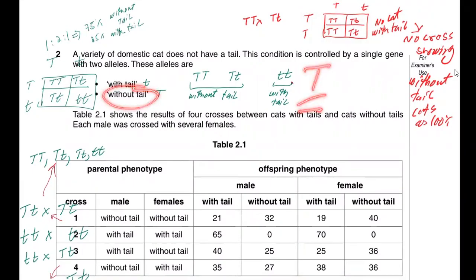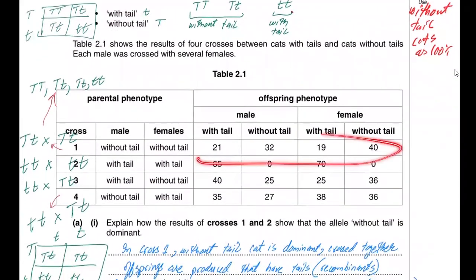So 100% should have been without tail. We do not have this; we have cats with a tail as well. This shows that both parents are hybrids, heterozygous: capital T, small t, and capital T, small t. Only in that case do we get this kind of ratio, where crossing two hybrids gives a 1:2:1 ratio. And we are seeing four different phenotypes here.